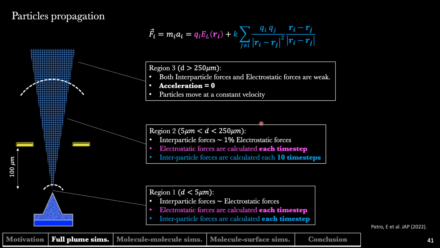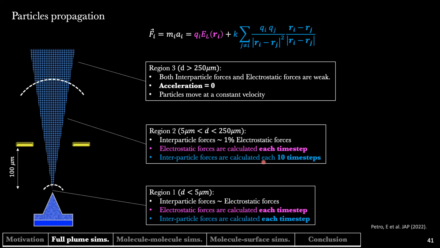And then we divide the domain into three regions. So in region one, there is a very high density, so the interparticle forces are of the same order as the electrostatic forces. So we compute the two forces at each time step. And then in region two, between 5 and 250 micrometers, the interparticle forces represent about 1% of the electrostatic forces.